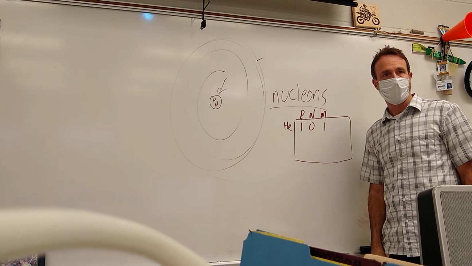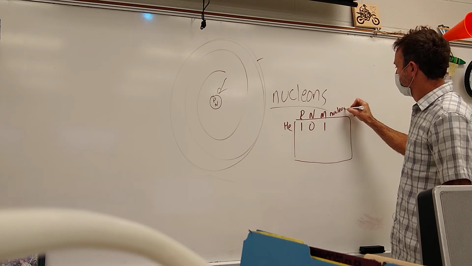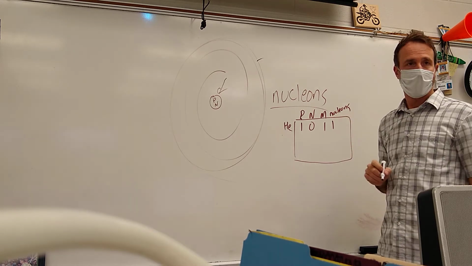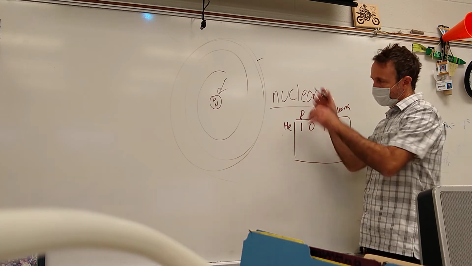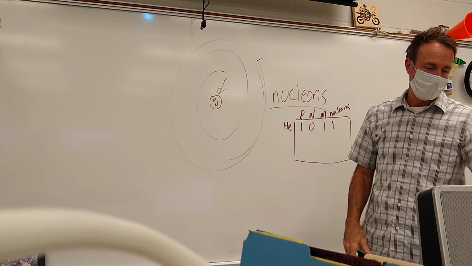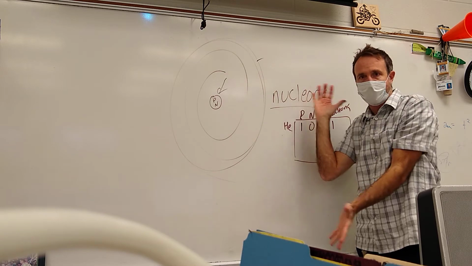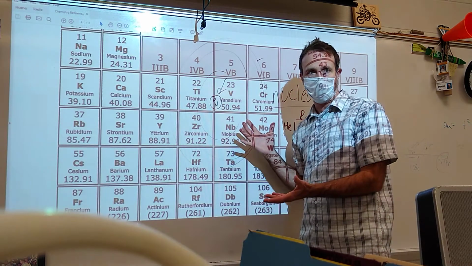Then over here it might say nucleons. That means how many particles are in the nucleus? Well, 1, because there's only 1 proton. Does that make sense? This is just a real quick dip into something to make sure everybody's seen me say this basic thing about the periodic table.